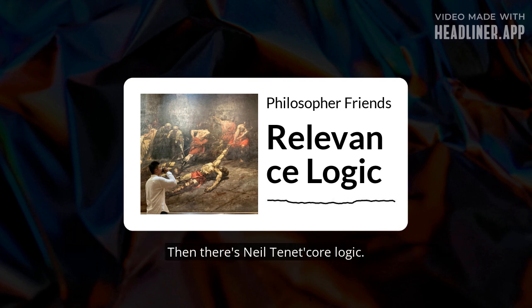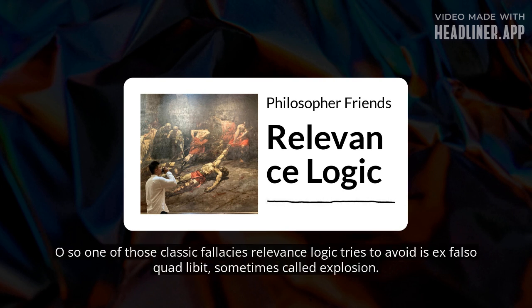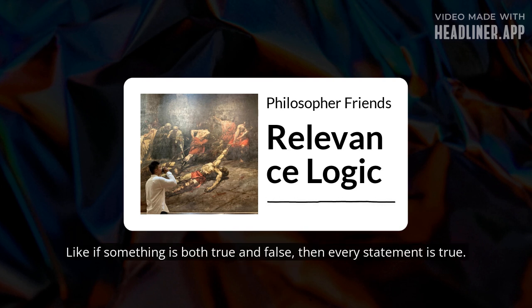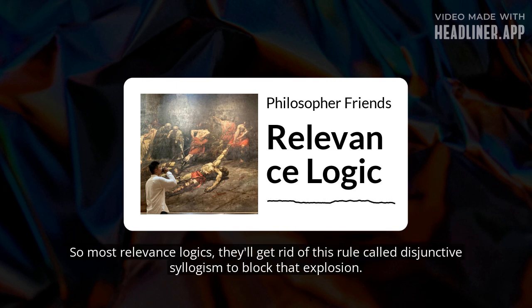Right. Then there's Neil Tennant's core logic. It comes at relevance differently. One of those classic fallacies relevance logic tries to avoid is ex falso quodlibet, sometimes called explosion. Yeah, the idea that from a contradiction you can conclude anything. Exactly. Like if something is both true and false, then every statement is true. Right, that seems a bit off. So most relevance logics get rid of this rule called disjunctive syllogism to block that explosion.